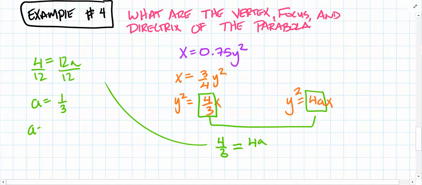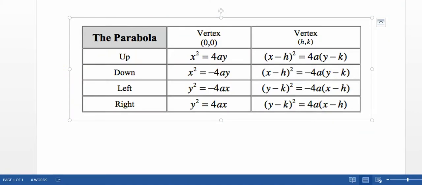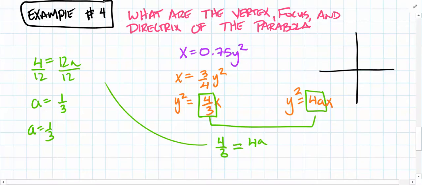So what does that mean? Let's make a little sketch so we can answer all these questions. Here's my little sketch, and it's y squared, so it's either going to be left or right, and this is going to be right because my a is positive here. Going back over here, a is 1/3. So this starts at the vertex.